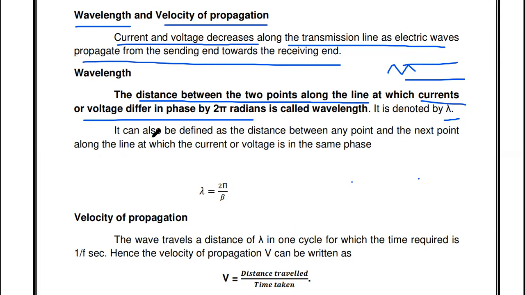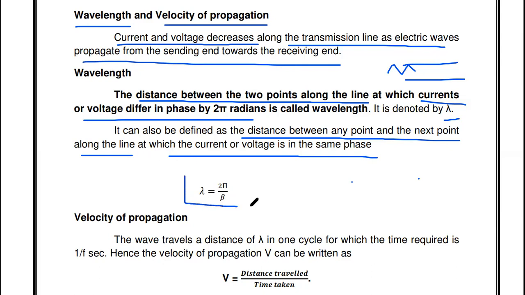An alternate definition is that it is also defined as the distance between any point and the next point along the line at which the voltage or current is in the same phase. That is, if the voltage has some phase at the first point, then at the next adjacent point where we get the same phase, the distance between those two points is called the wavelength.